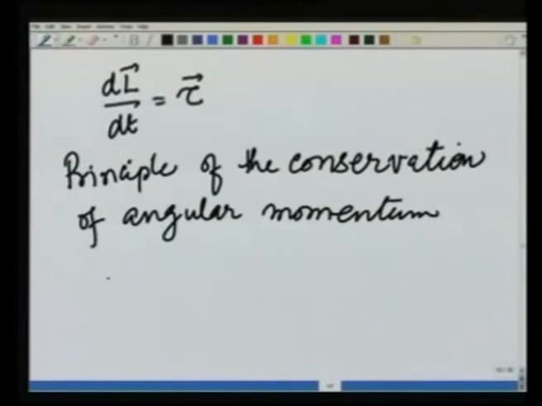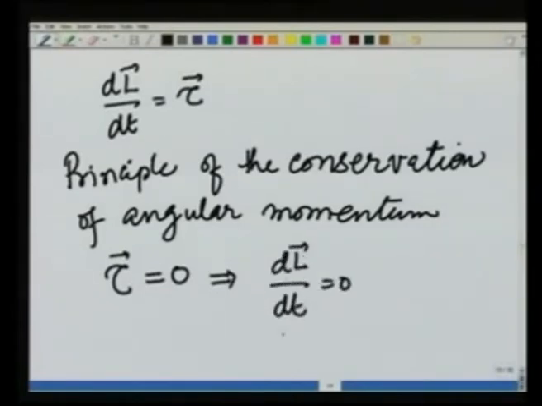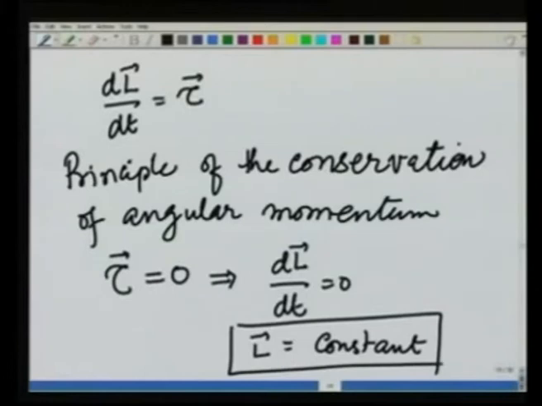And that tells you if tau is 0, this means dL/dt is 0 or L is a constant. You are already familiar with the use of this condition in your lectures in 12th grade.